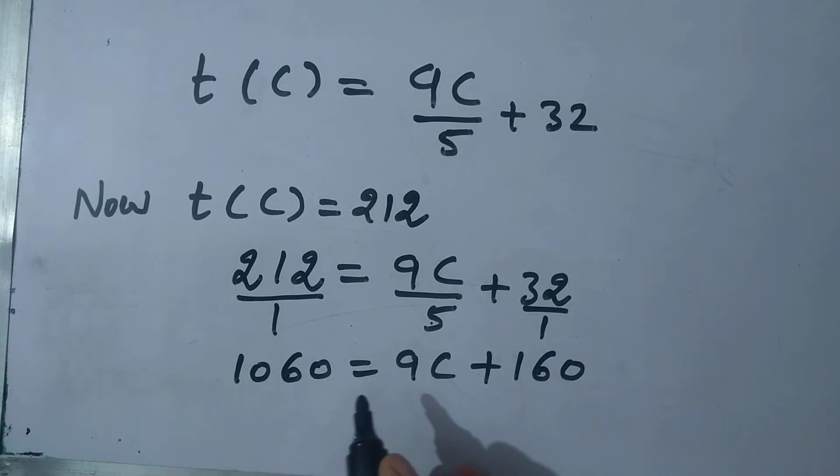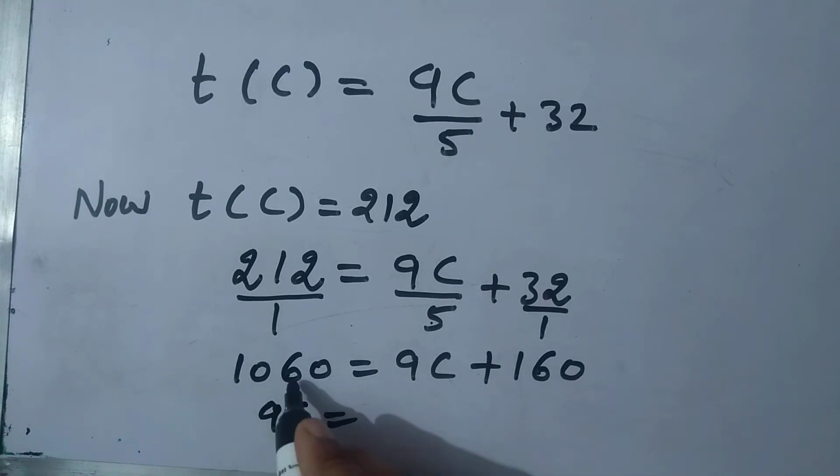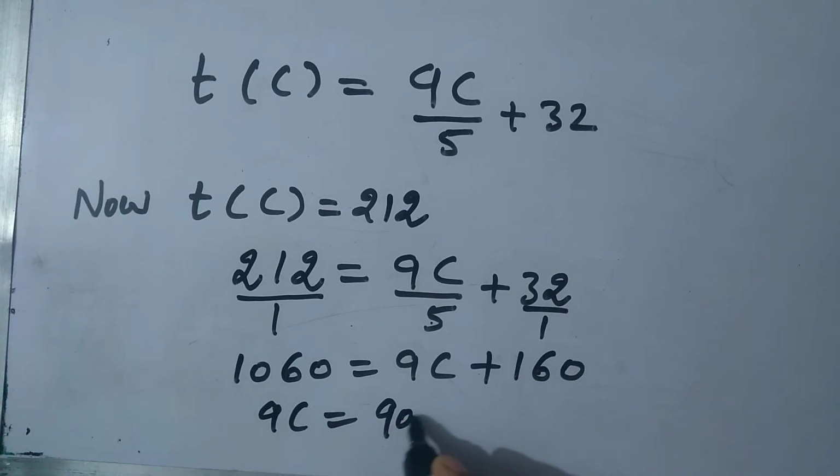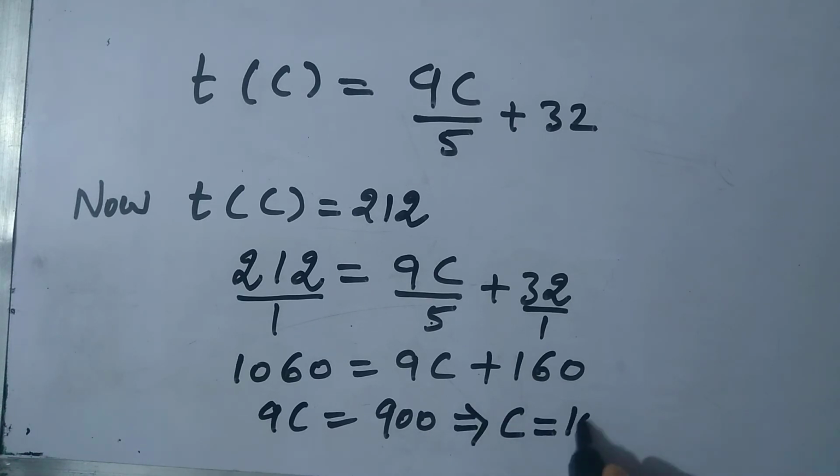Next, 9C is equal to 1060 minus 160, that means 900. So we can say the value of C is 100.